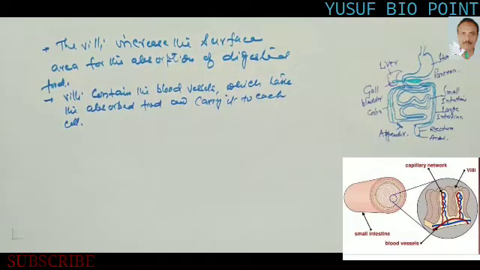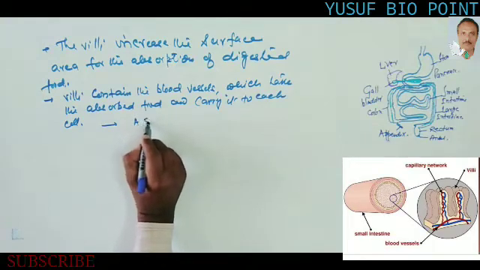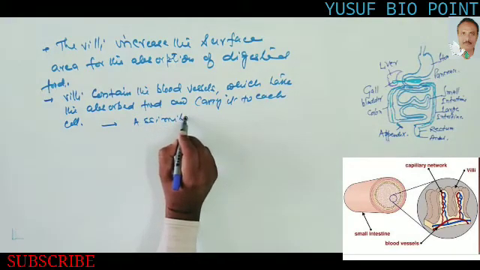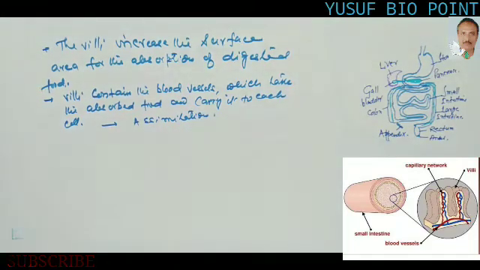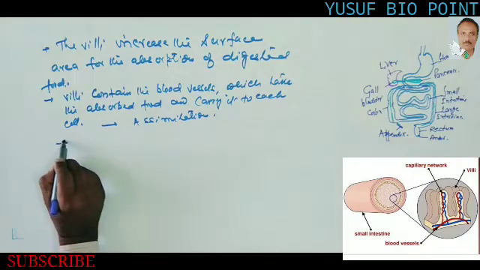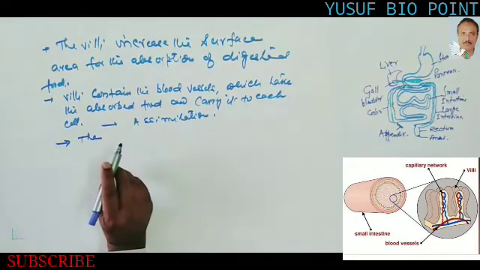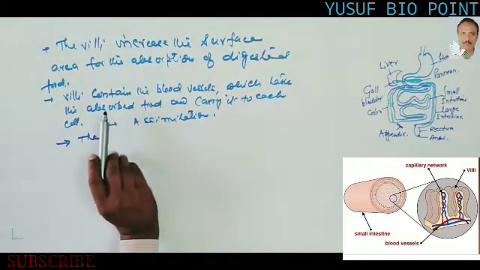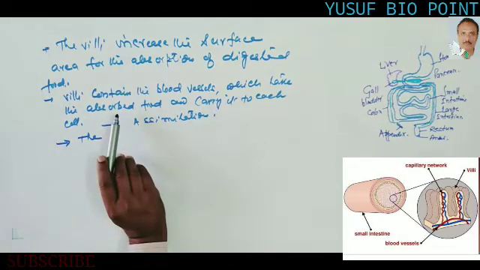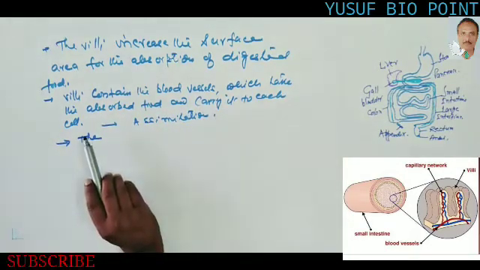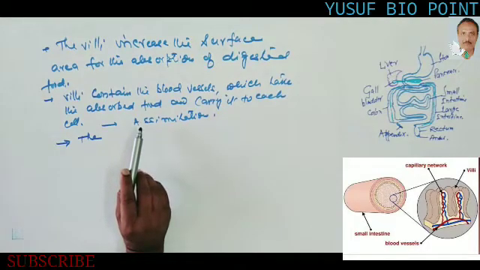Means this digested food is sent to each cell, and that is called assimilation. Means supply of absorbed food to each cell. So villi contain the blood vessels which take the absorbed food and carry it to each cell. That is called assimilation.